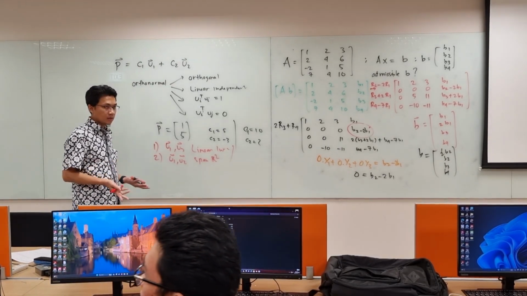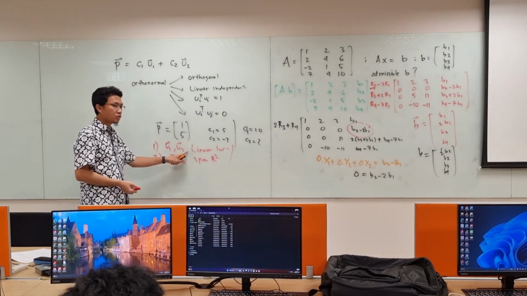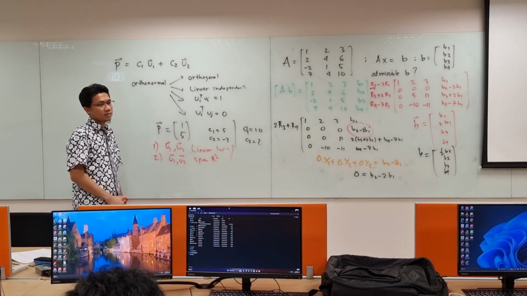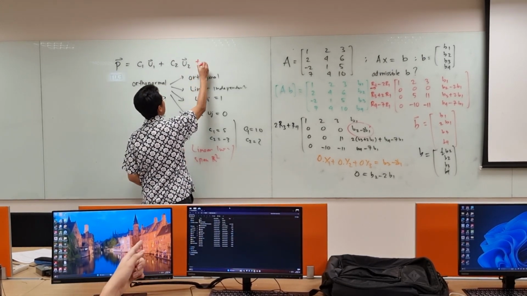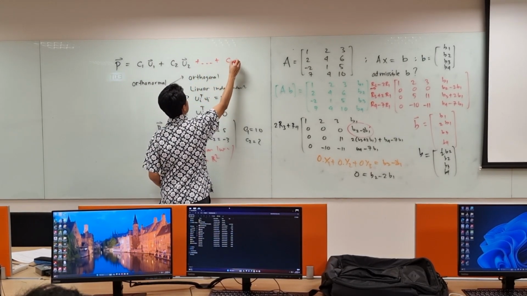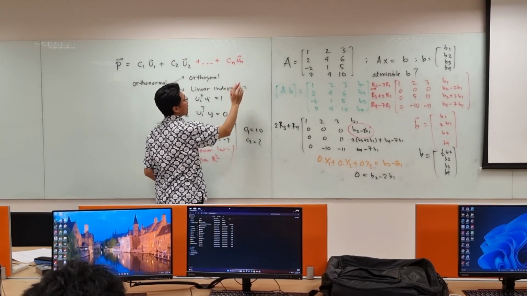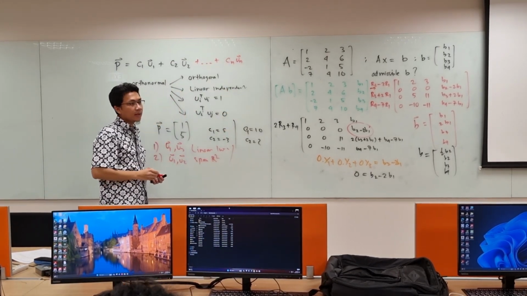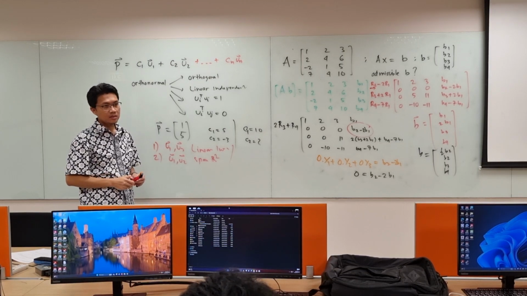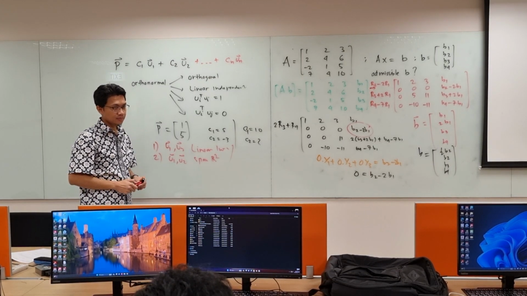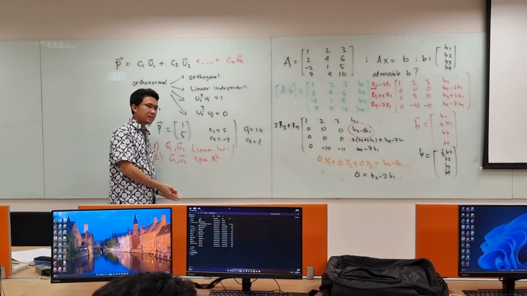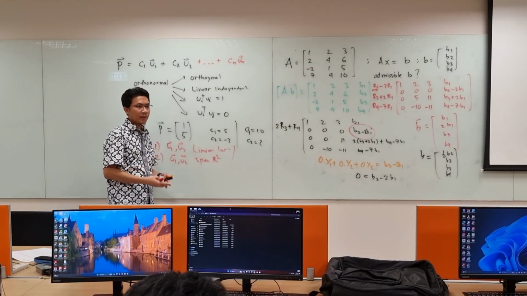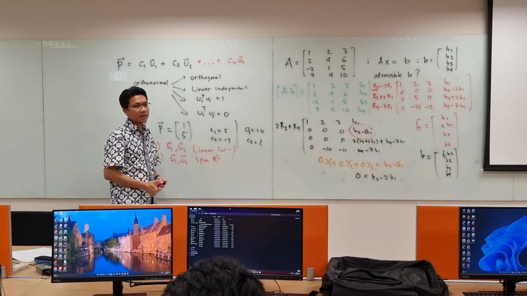If it is R3, then you need the U3. What if I have up to Cn, Un in there? Span Rn. This is what we discuss all of the time in chapter 7: span, basis, linear independence.